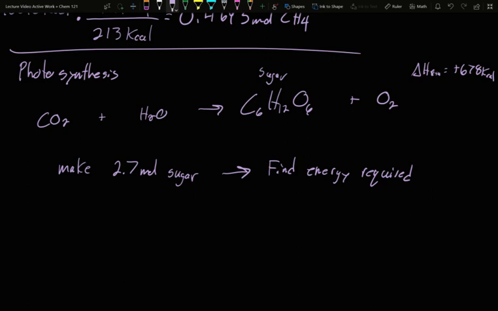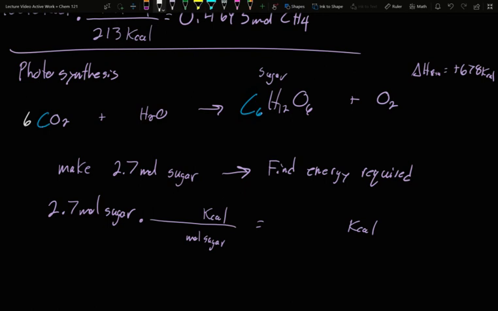All right, if you're back, well, I have 2.7 mole of sugar, and my goal is to find energy, so kcals. What I need is a ratio of mole of sugar to kcals of the reaction. Well, I need to balance my reaction first then. I've got 1 carbon on the left and I've got 6 carbons on the right, so I'm probably going to need 6 CO2s.